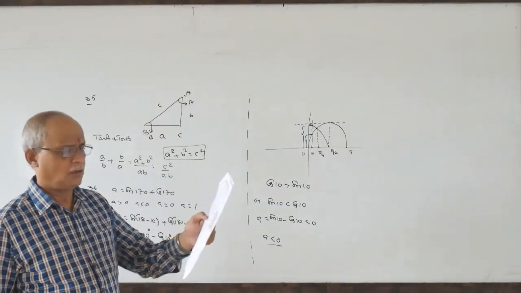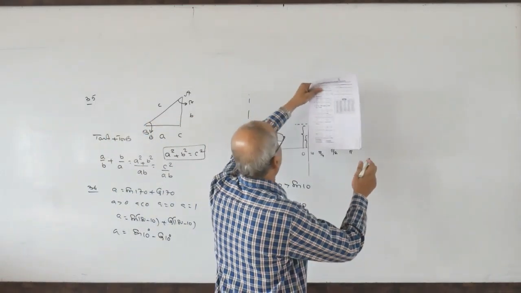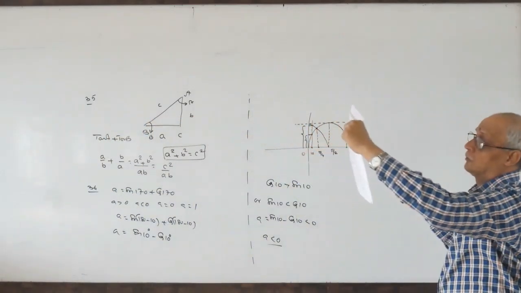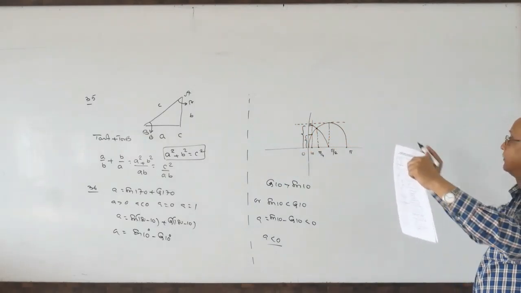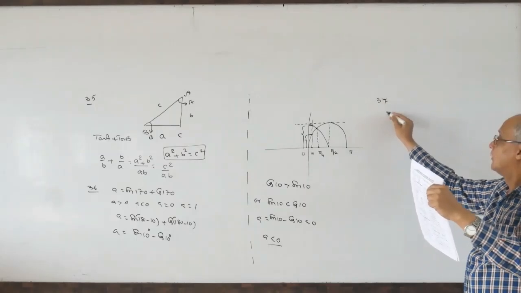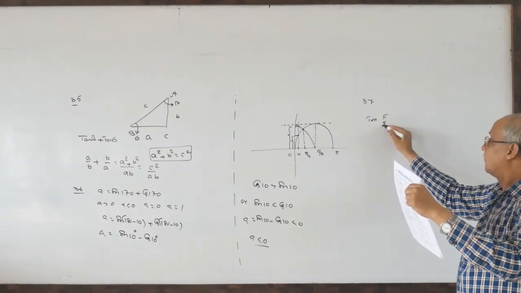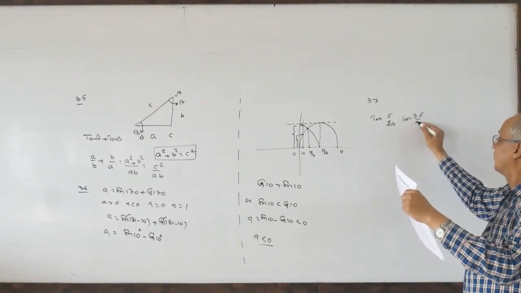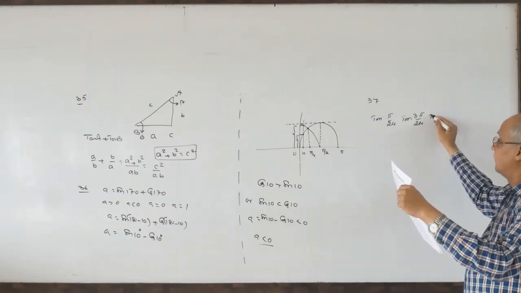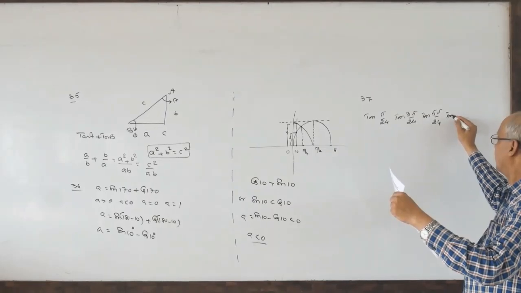Next problem is tan of sec 37. So many terms are present here. Tan 5 pi by 24, 3 pi by 24, 5, 7, 9.